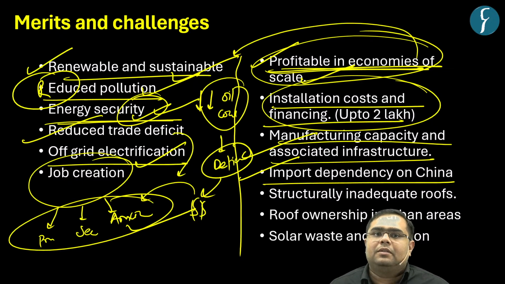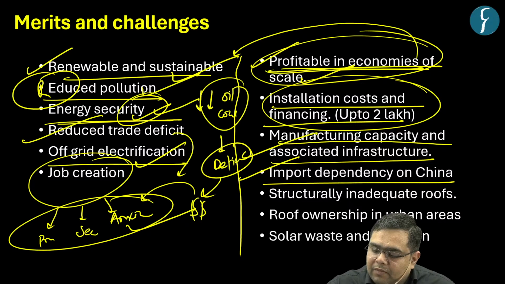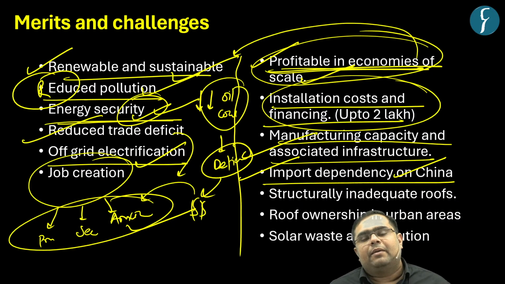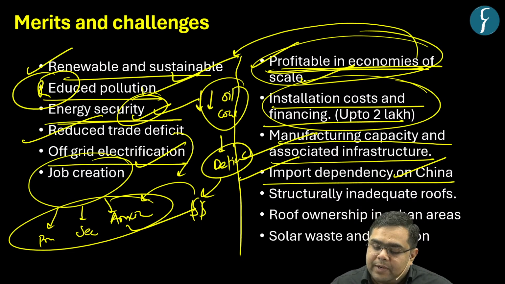That is the series, right? Because we do not have the back end connectivity, Indian manufacturers usually get them manufactured from China, just label their name and sell it under the Make in India project. So that is the problem with respect to import dependency on China.